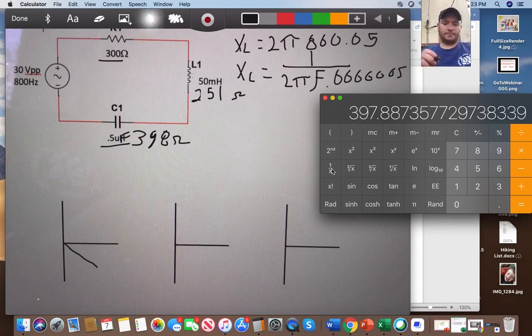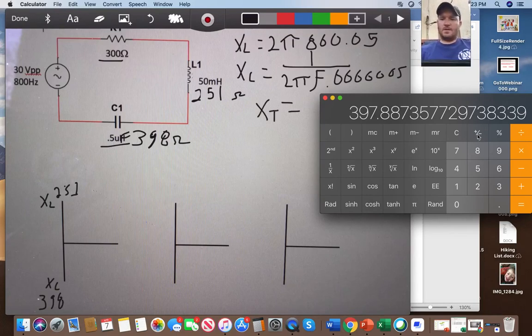So what I'm going to do is start marking these up. This is X of L, this is X of C. The answer between this is going to be 398, and this is going to be 251. Then we can figure out what my X total is.